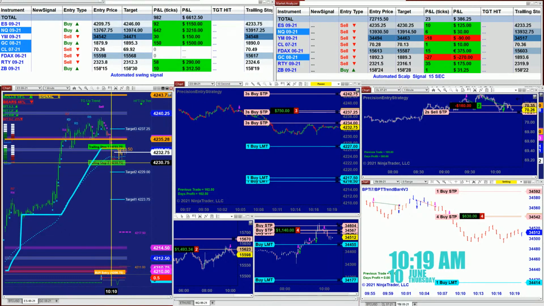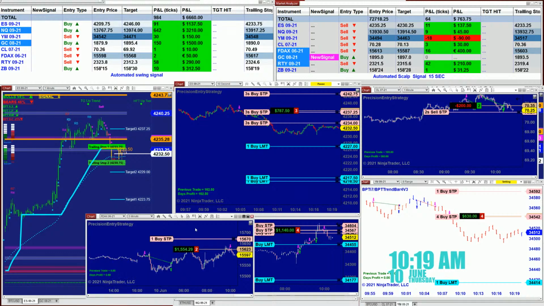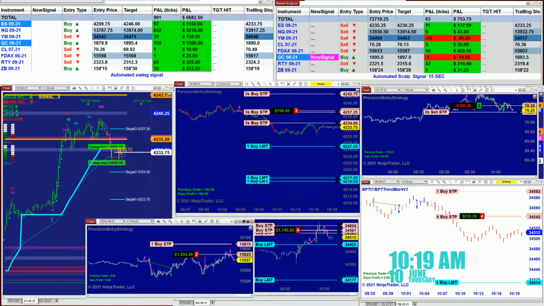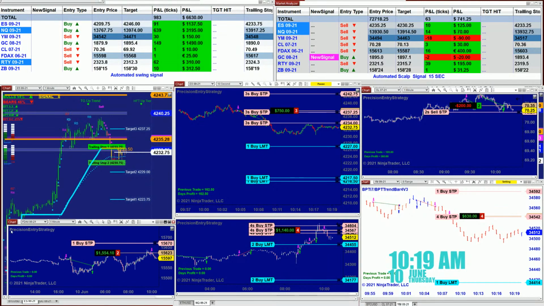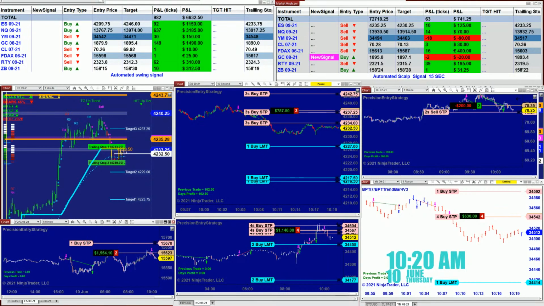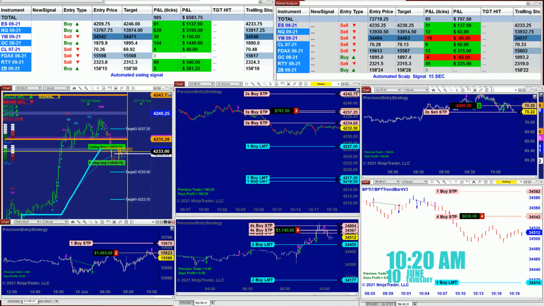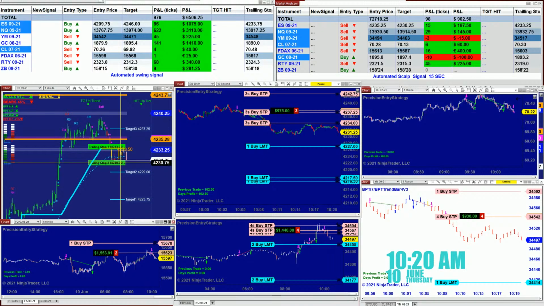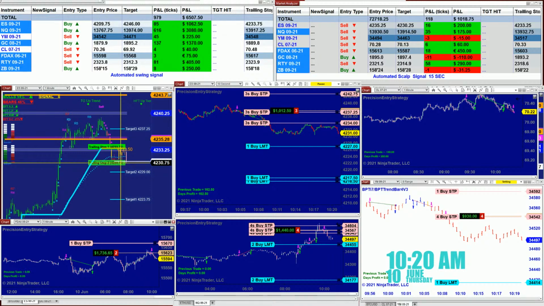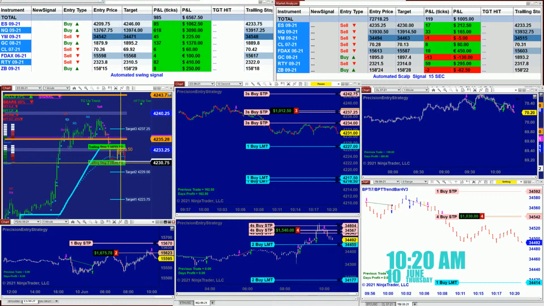As long as it is above 42.30.75, we are in good shape to stay on the long side. But it's not really a pretty picture on the ES, because it's sitting right there. If the market goes below that, that means we are going down, and the momentum in the market has changed to the short side. And it seems like it's fixing to go short.